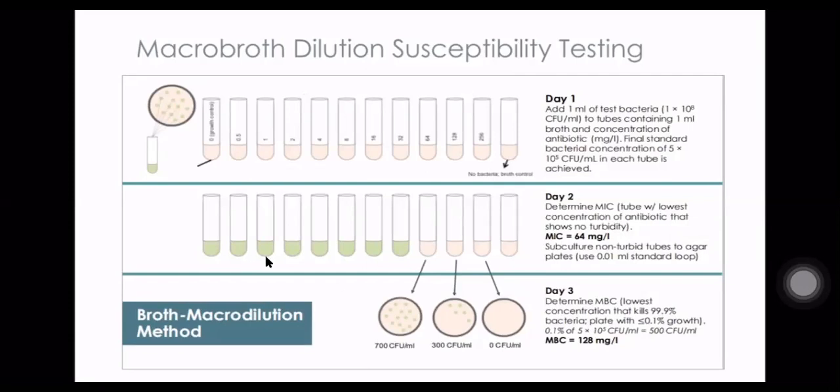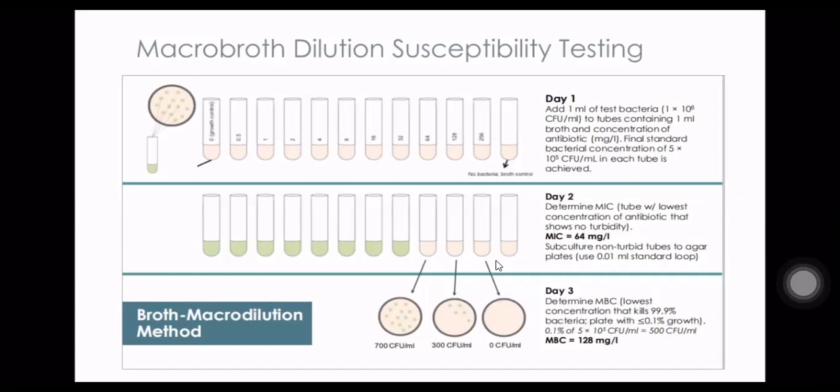So 1, 2, 3, 4, 5, 6, 7, and 8 has the growth pasang microorganisms na may antibiotics. Okay, so may growth pa siya. However, sa second to the last tube, which is this one, the second to the last tube na color pink ni bala. Okay, so this is our MIC nga tube.